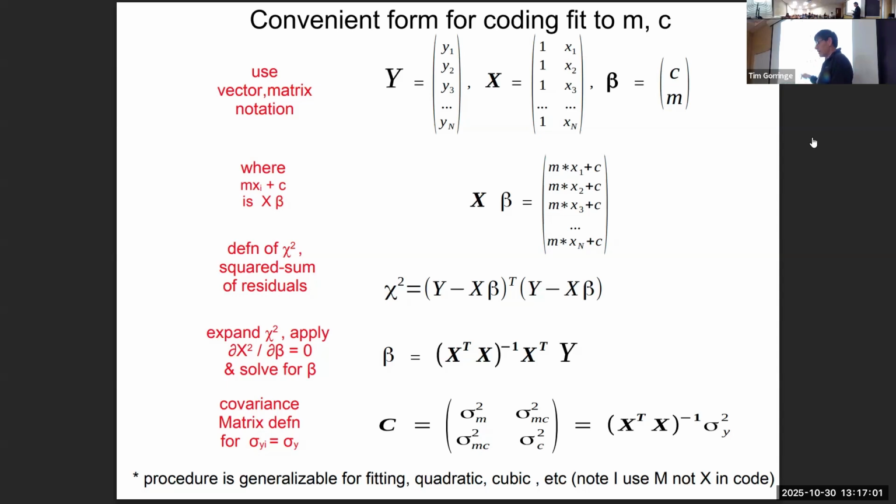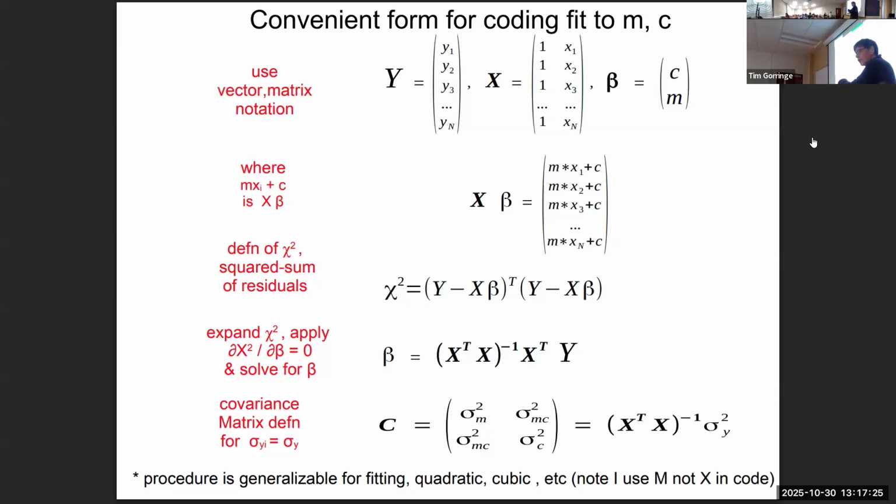You would then, if you went through this procedure, you would find that your beta, if you're doing a quadratic fit, is just going to have three parameters in it. It's going to have the offset, the slope, and the slope of the slope. And so this would be a three-element vector here.